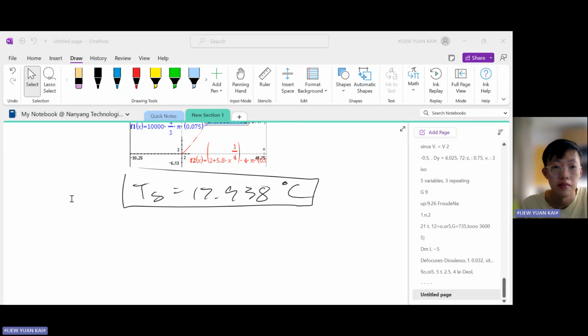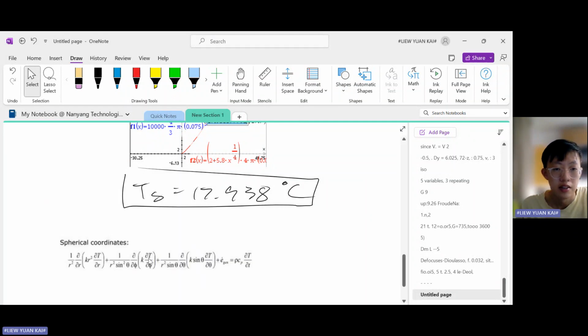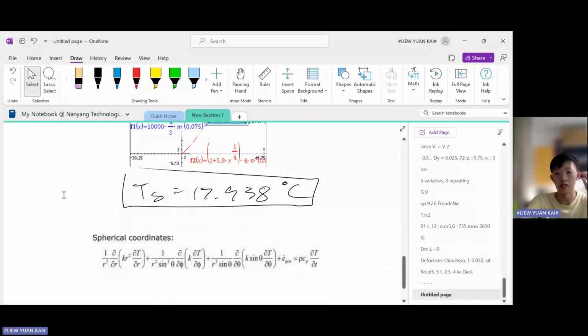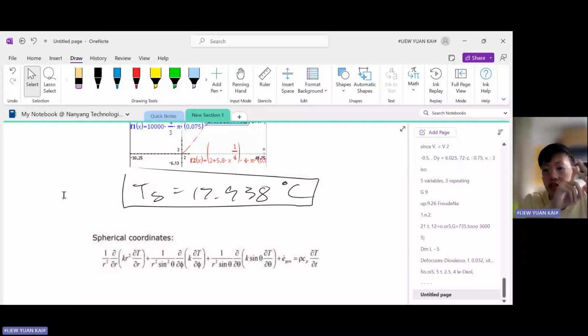Okay, hold up, I have it. So you go to your lecture notes and obtain this equation, the spherical coordinates equation. Why the spherical? Because we have three choices: the Cartesian, the cylindrical, and the spherical. Obviously, you choose the spherical one, right? Because we're dealing with a sphere.